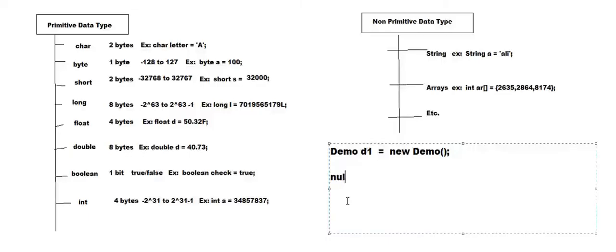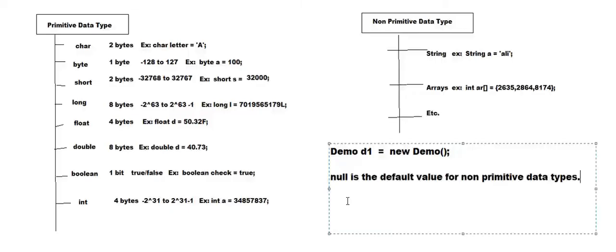The main thing I want to tell you is that null is the default value for non-primitive data types. But this null cannot be assigned to primitive variables.